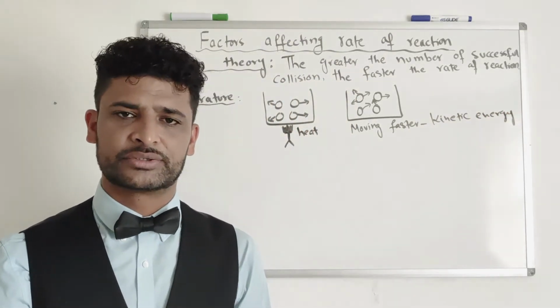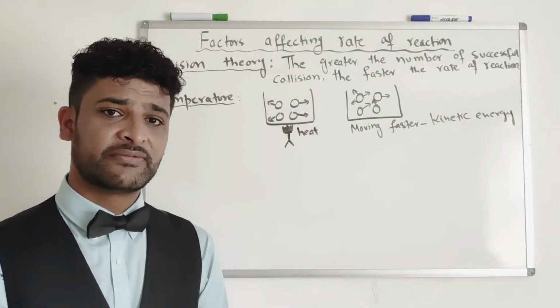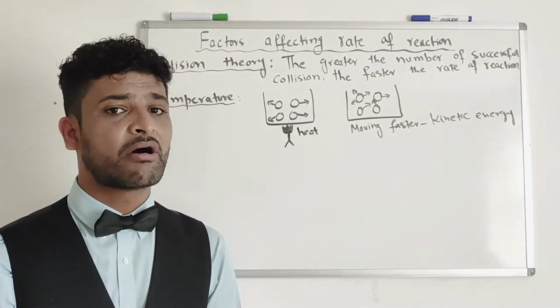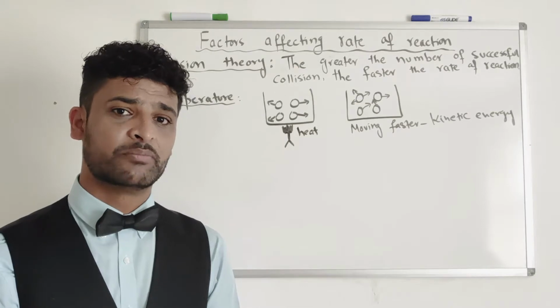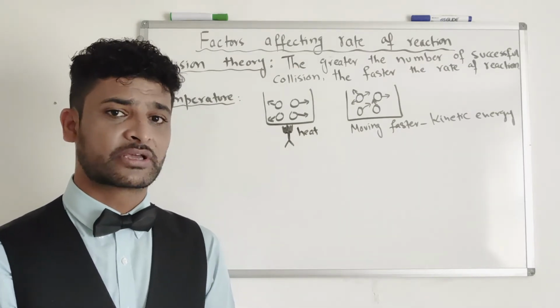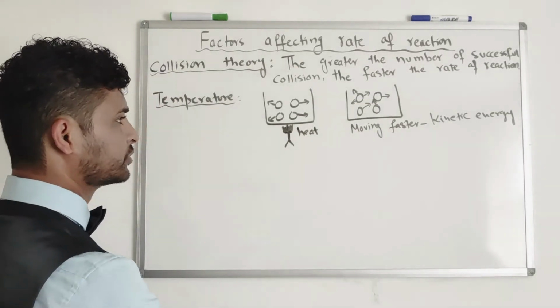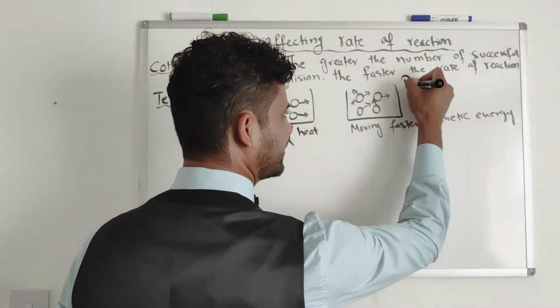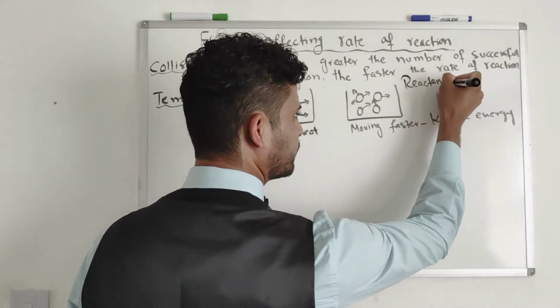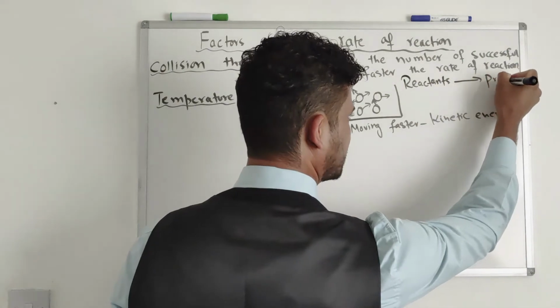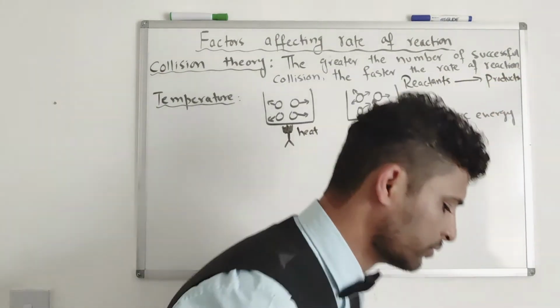So the heat is related to kinetic energy, and then they will start colliding with each other. After this, they will have more successful collisions and will convert into product very quickly. So the whole thing is you have reactants into products, and we will look at the factors.